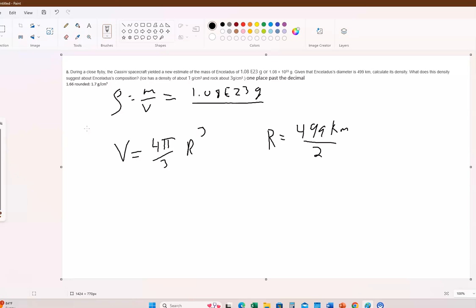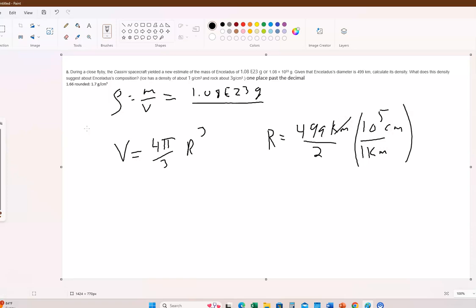And then, of course, we have to convert kilometers to centimeters. So we know that in 1 kilometer, there are 1,000 meters, and then there's 100 centimeters. So 10 to the third, which is 1,000, times 10 to the second, which is 100, is 10 to the fifth. All right, so there's 10 to the fifth centimeters in 1 kilometer.